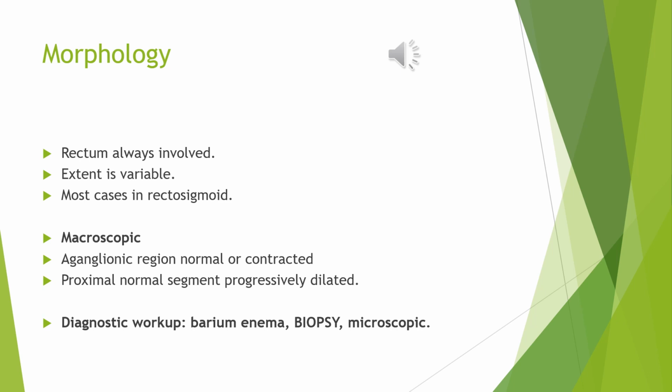The patient will undergo resection of this aganglionic segment until we reach the area with normal innervation, and then anastomosis of the normal segment to the distal part of the rectum. So the diagnosis is not easy, and the gold standard for the diagnosis is the demonstration of the absent ganglion cells on the rectal biopsy.